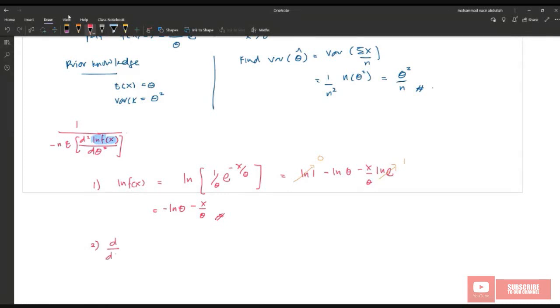First derivative of ln fx is equal to d theta of negative ln theta minus d theta of x over theta. Right, so this one should be equal to negative 1 over theta, plus x over theta squared.